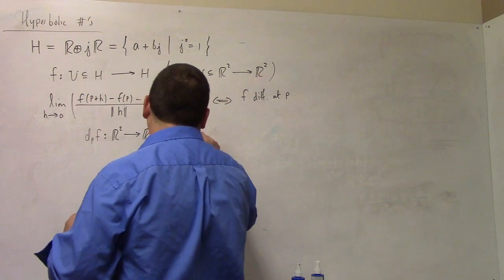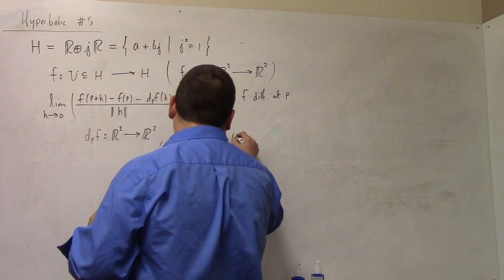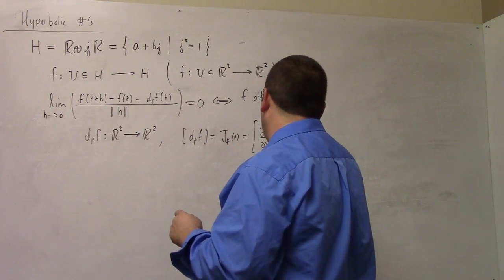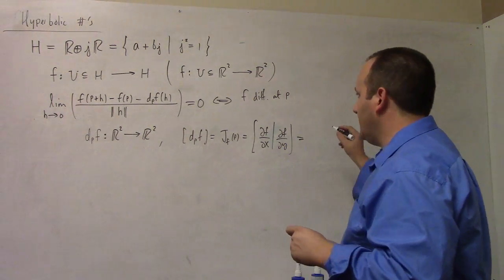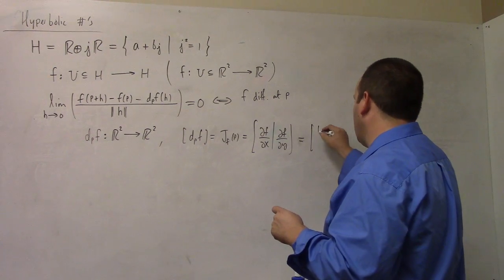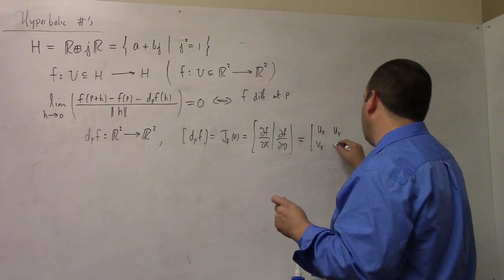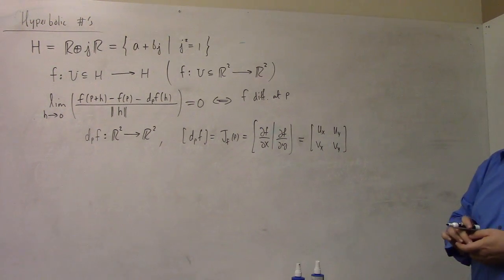The standard matrix of this differential is the Jacobian matrix of f at p, which looks like partial f partial x, partial f partial y. Typically we use the UV notation, so that's u_x, v_x, u_y, v_y in terms of the components of the Jacobian matrix.